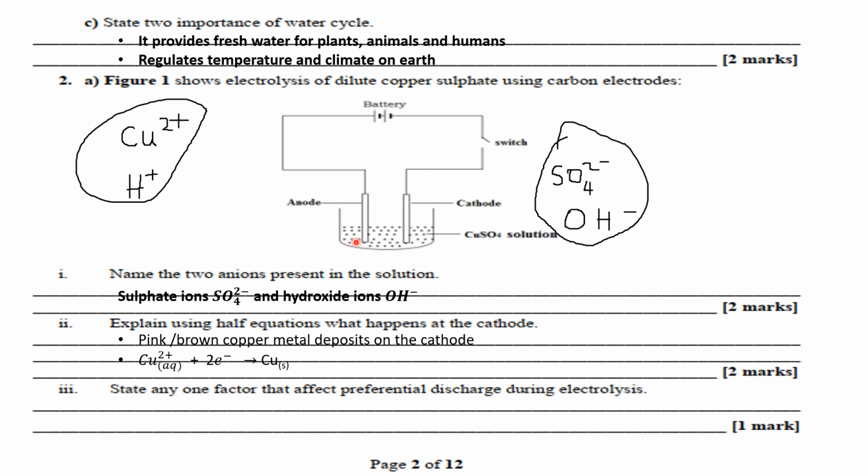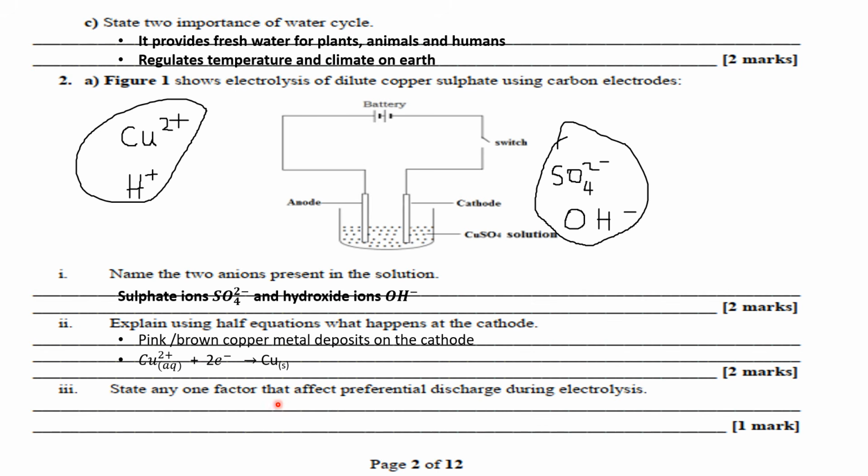And he goes on to say we must write down the half equation. The half equation will involve the copper ions which are present in the solution gaining the 2 electrons to form copper metal solid. So the copper metal solid is going to deposit there. You should be able to see the copper metal depositing there. All right. So 1 mark for this statement, another mark for writing the half equation correctly.